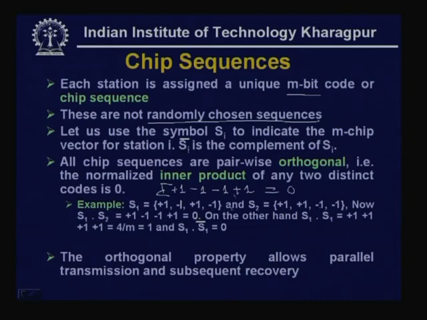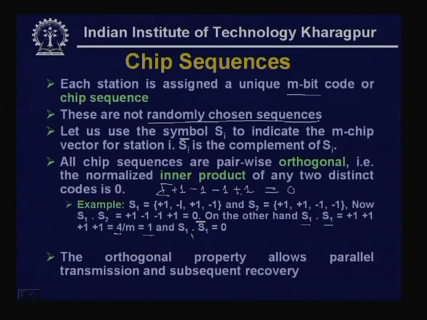On the other hand, if you multiply the same code S1 into S1, +1 with +1 becomes +1, +1 with +1 becomes +1, -1 with -1 becomes +1, and -1 with -1 becomes +1. If you add them, it becomes 4, and if you divide it by the number of bits, you get 1. So, we find that if you multiply S1 with S1, that means the same chip sequence, you get 1.